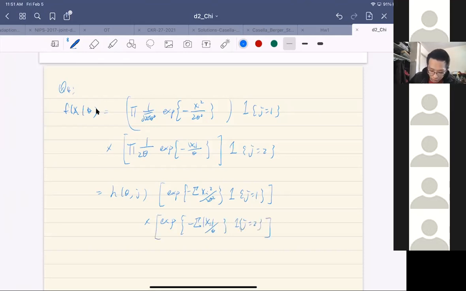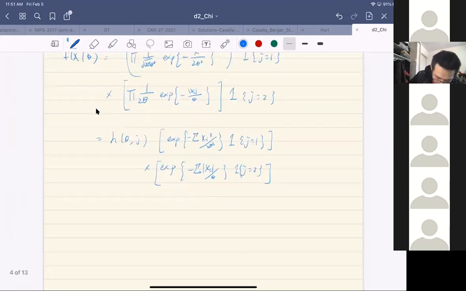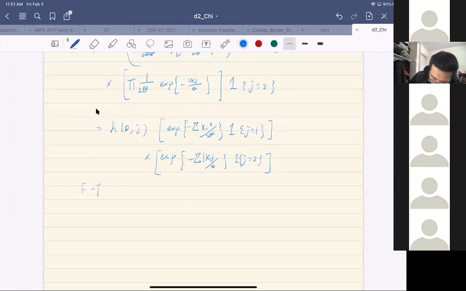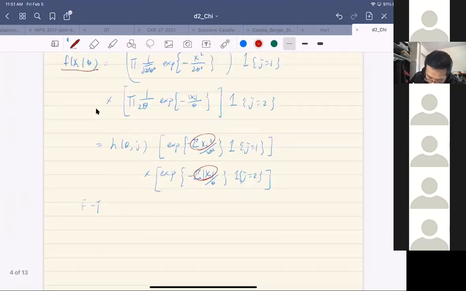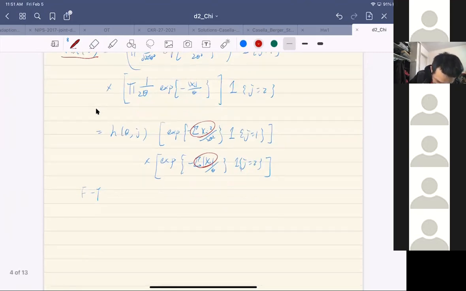By the factorization theorem, these two form a sufficient statistic. You can also use the ratio of densities to show that this is also a minimal sufficient statistic. So we use the same procedure. That's question 1A.